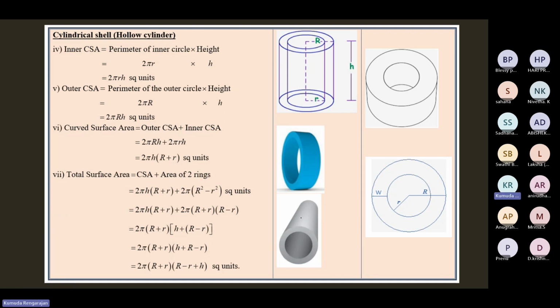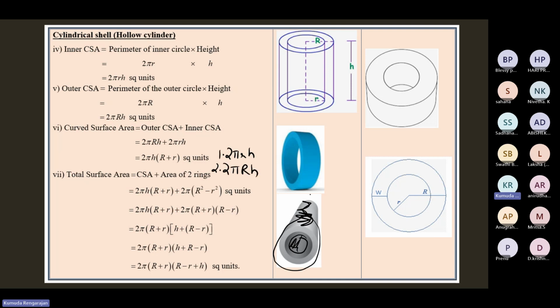So the surfaces we see in this pipe are, one, the inner CSA, given by the formula 2 pi small r h, the surface inside the pipe. The surface outside the pipe is the outer CSA, given by the formula 2 pi capital R h, outer curved surface area.